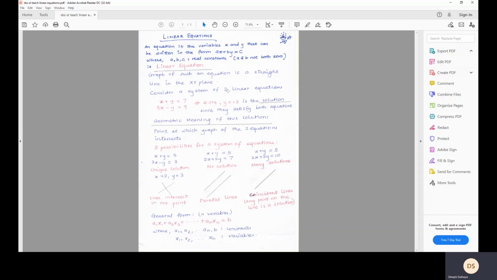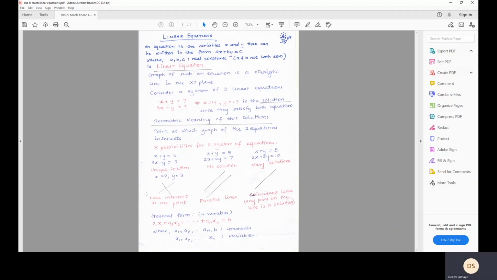Now, if you consider a pair of lines, there can be three possibilities. In fact, that is why there are three possibilities of solutions. In the first case, you can imagine there are two lines which are intersecting, just like the example we saw some time ago.